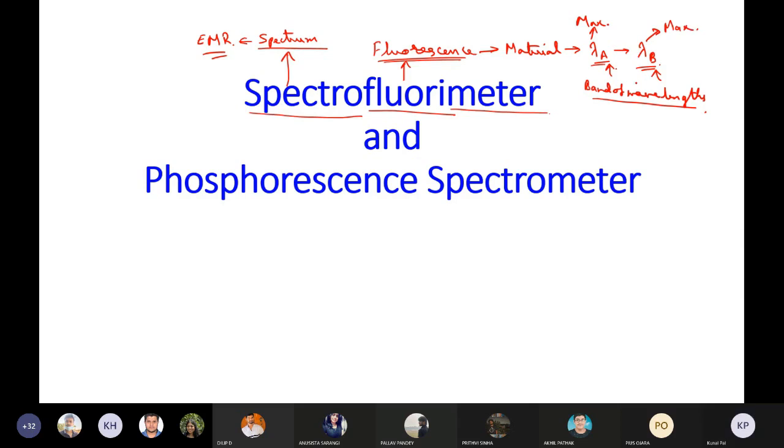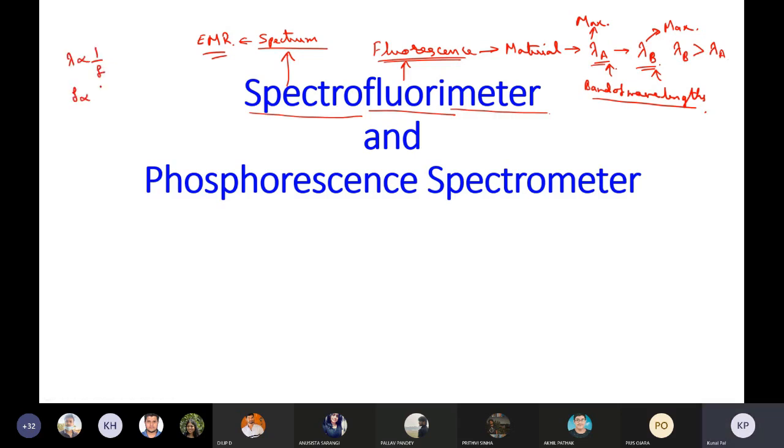However, what I said is that at lambda A, it is absorbing some electromagnetic radiation and it is emitting another radiation at lambda B. Now, under this condition, this lambda B should be greater than lambda A. And we all know that wavelength is inversely proportional to frequency.